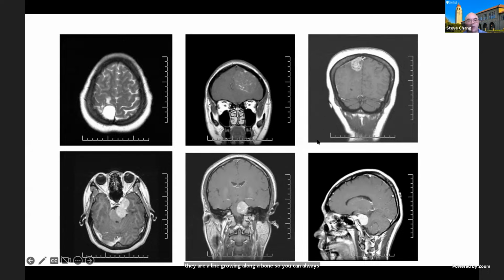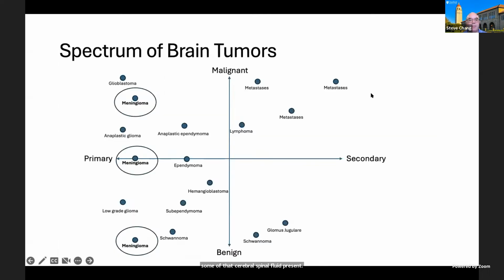They often have what's called a dural tail, which is an area of enhancement that extends a little bit past the meningioma. This might be a dural tail up here going toward the sella. And sometimes they have what's called a CSF cleft, which is a tiny little crevice between the tumor and the brain, in which there's some cerebral spinal fluid present. So that's a common finding also among meningiomas.